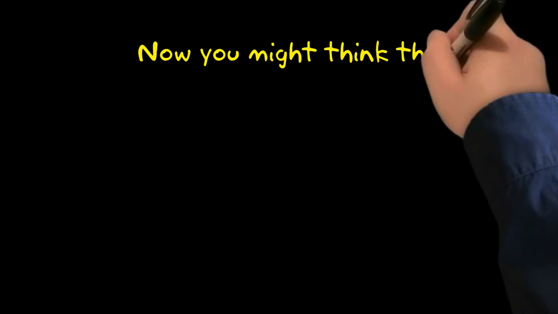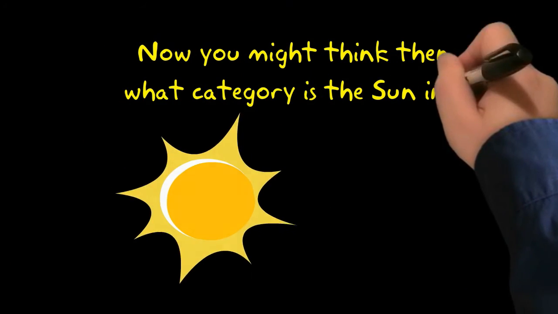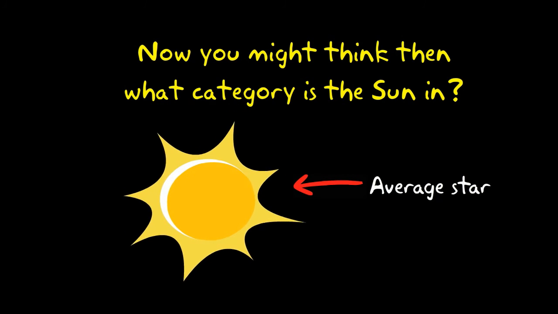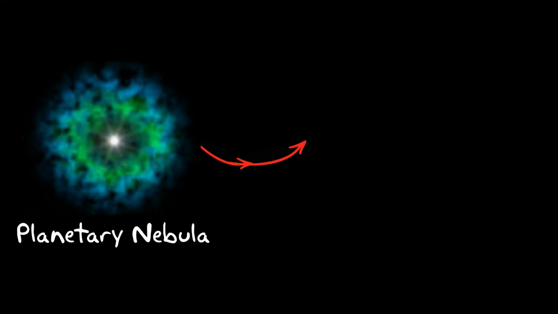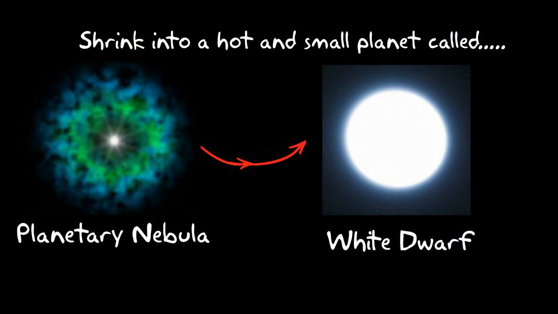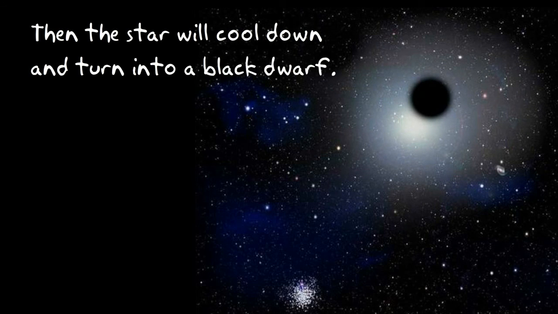Now you might think, then what category is the Sun in? The answer is an average star, so it follows the average star's process. From the planetary nebula stage, it will shrink into a hot and small planet called a white dwarf. Then the star will cool down and turn into a black dwarf.